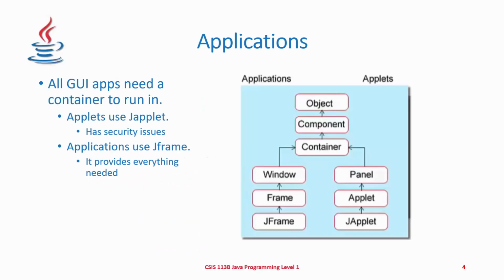So here you see a graphic that actually is representing that is-a relationship that I was mentioning in the overview of what we'll be talking about. In order for you to be able to create a GUI app in Java, it has to be inside of a container. And a container is a component, and a component is an object.